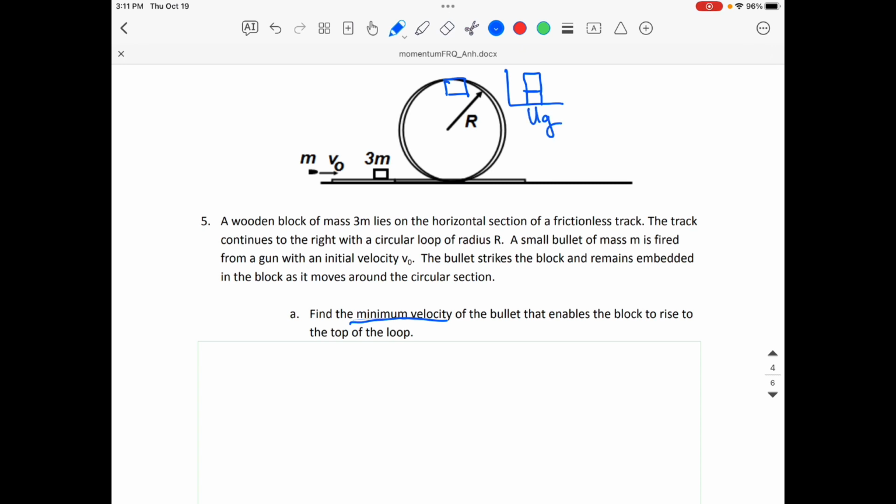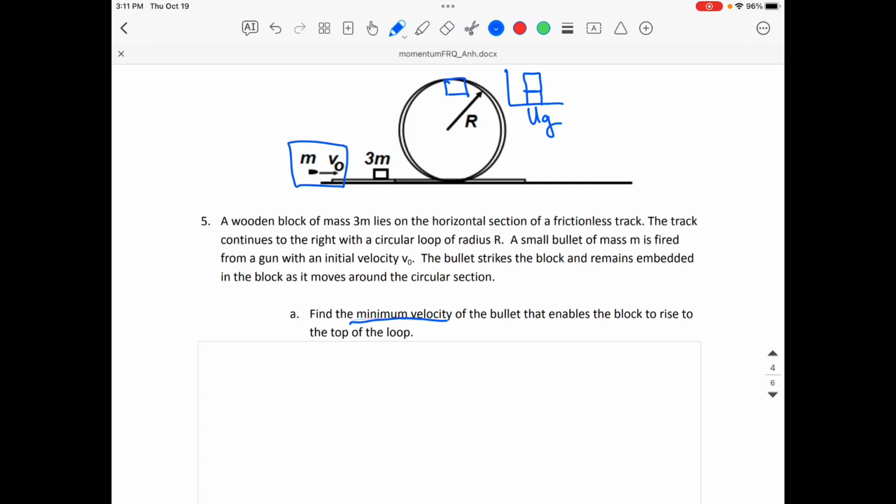And then we have the motion of the bullet in the starting position, but we can't have conservation of energy before the collision because the collision actually loses energy when it's inelastic.